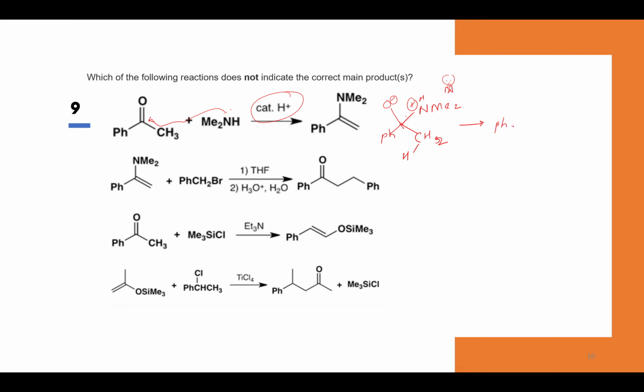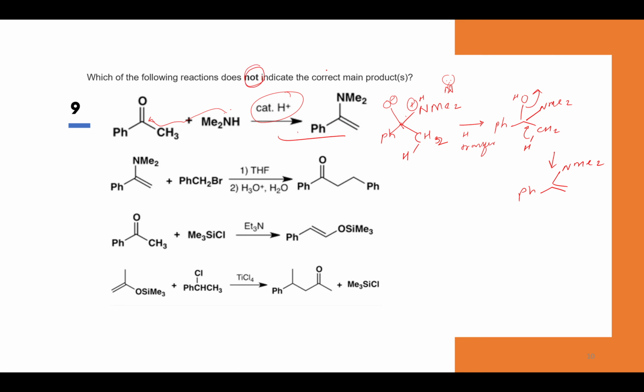Here proton transfer will take place, so I will write the first step here, proton transfer, and Me twice, and here CH2H, and then condensation will take place to give the product and Me2. So this is the correct reaction, the correct product.